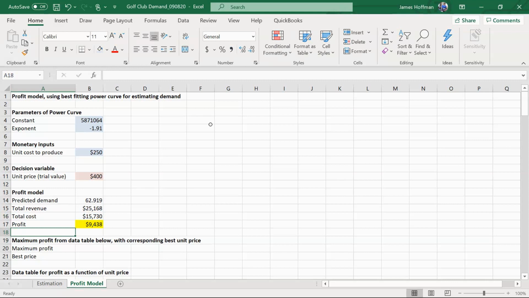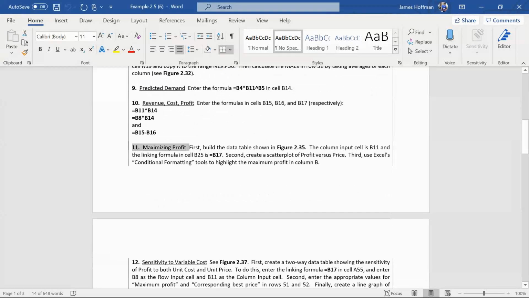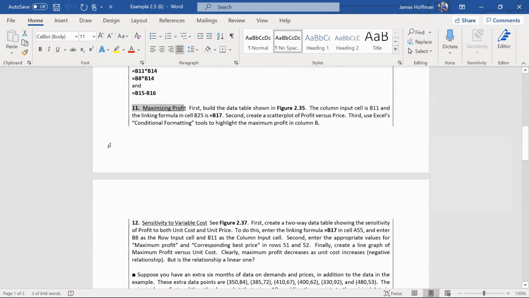Okay, next step, let's go back to the Word document. The next step is to build a little data table to see how profit changes when other variable inputs change. So step 11, we're going to build a data table. First, let's set up the data table like figure 2.35.